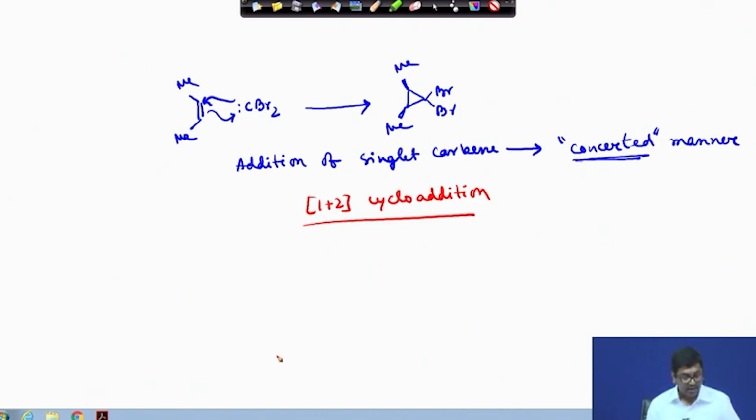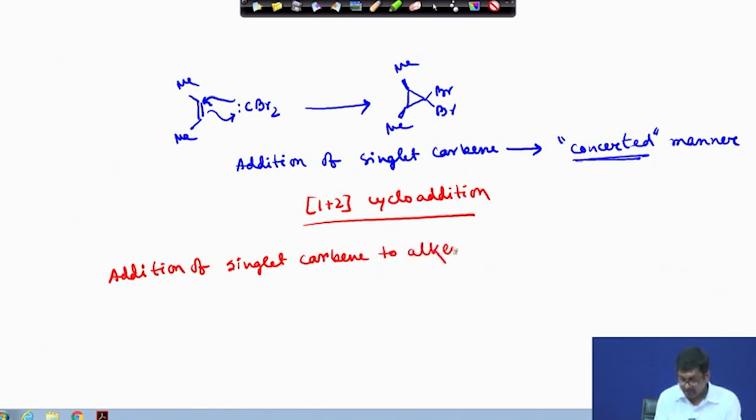Okay. So, next we can say that addition of singlet carbene to alkene is a stereospecific reaction. Okay.